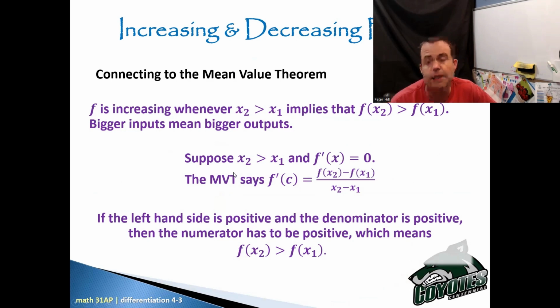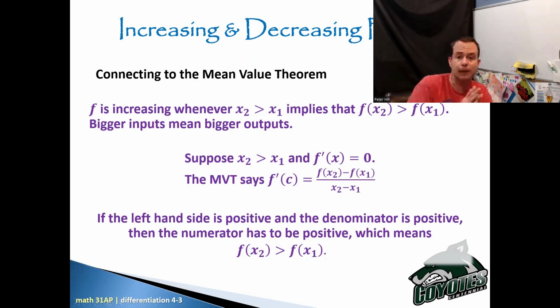Suppose that x2 is greater than x1 and the derivative at x is positive. The mean value theorem states there exists a point at x equals c where the derivative of f at c would be the slope of the difference between x2 and x1. So f of x2 minus f of x1 over x2 minus x1, right?